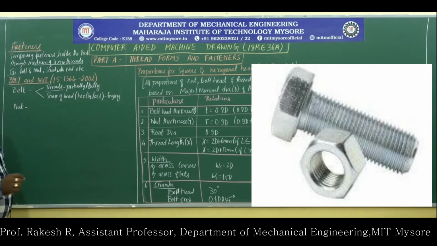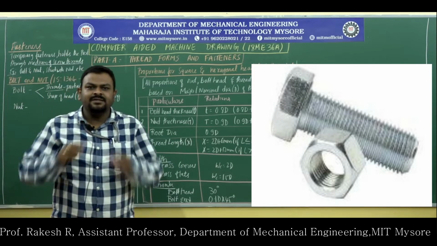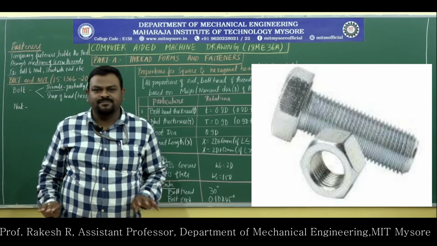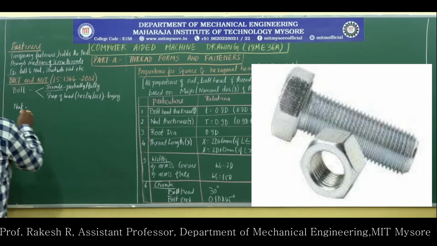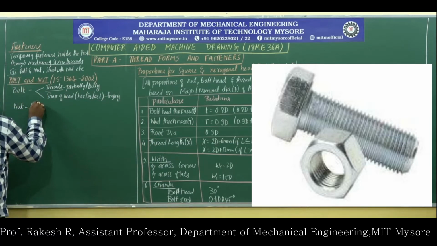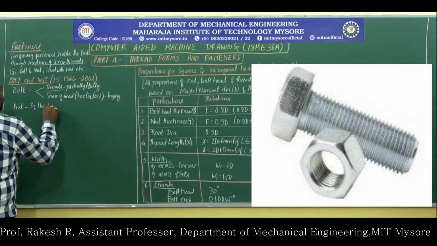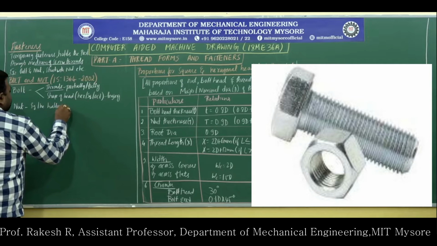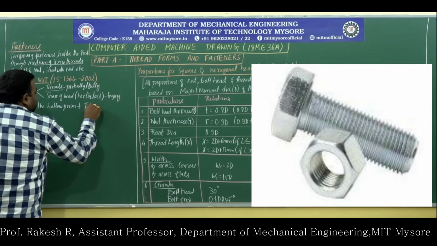A nut is a cylindrical structure having prism-like structures, with internal threads. A nut can be defined as a symmetrical, hexagonal or square hollow prism structure with internal thread.